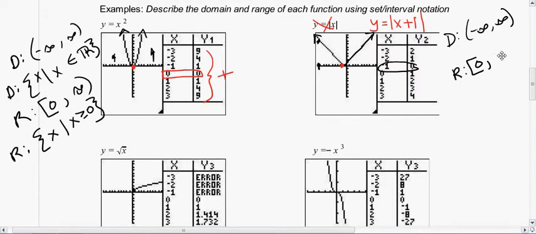And then it will keep going up in both directions. So as my x's get a lot smaller, my y values head off to infinity. As my x values get bigger, my y values also head off to +infinity. So my range is going to be brackets 0 all the way up to +infinity using parentheses.